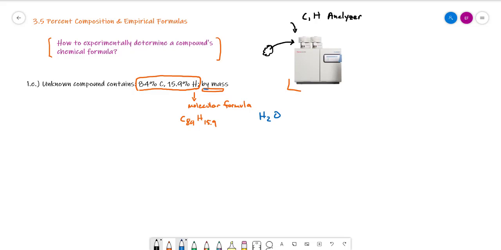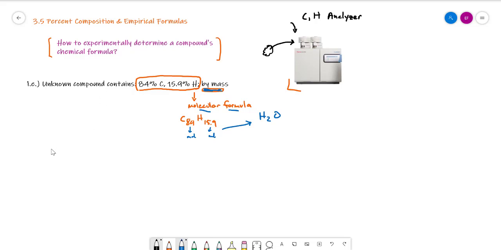So if we've determined this by mass to be 84% to 15.9%, that's not the same thing as moles. So we need to get these numbers into moles before we can get a formula that's actually a true molecular formula. So don't make this mistake on quizzes and exams. It feels intuitive, but it's not. We need to get to moles before we can do anything.